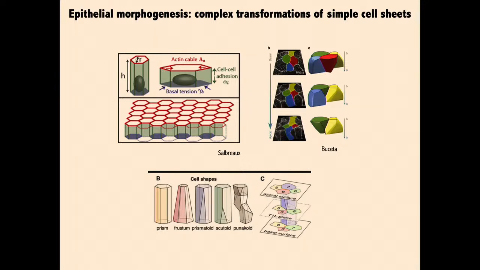This is a physicist's eye view of an epithelial sheet with nicely packed hexagonal cylinders that have all these parameters, height, area, all of that stuff, apical tension, basal tension, etc.